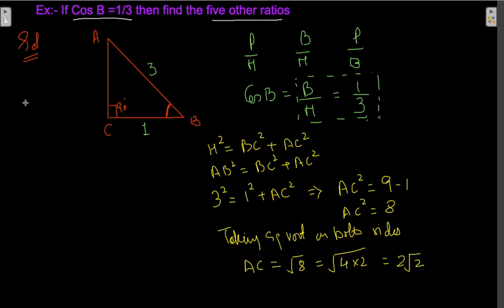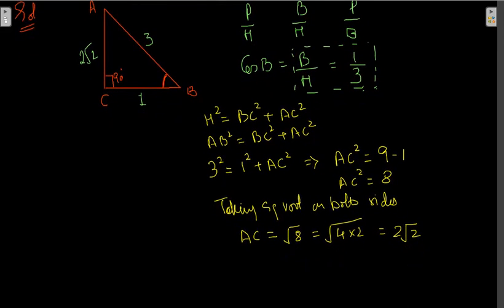So now this side AC, which was not given to us, becomes known to us, which is 2 under root 2. So we now have the value of all the three sides.